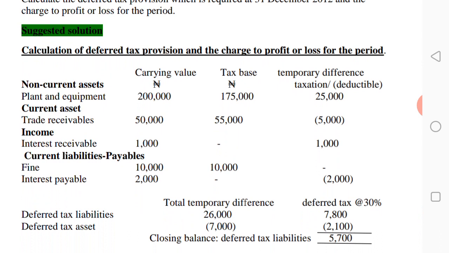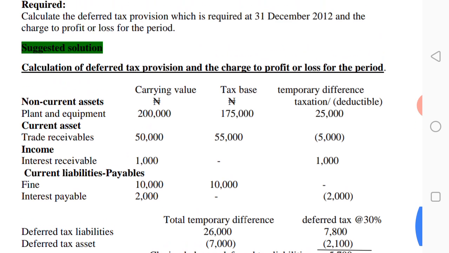That means there will be a temporary difference, because the tax will only arise in the period when the interest receivable is received. So the tax base for that year is nil. You add it back from 1,000 to give us nil. That's why I put it as nil. So we have a temporary difference of 1,000.